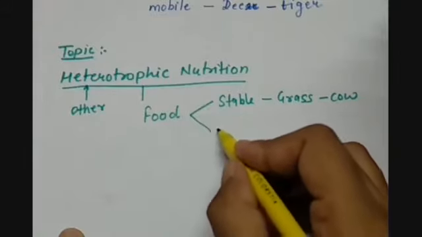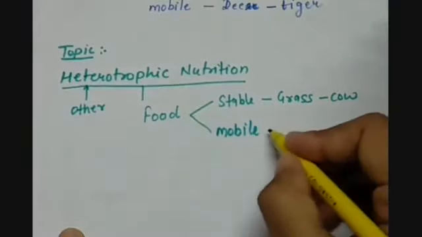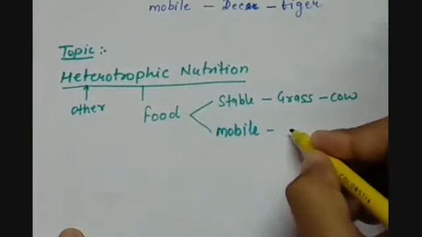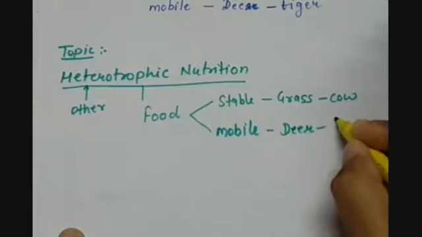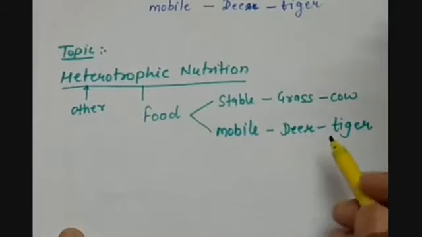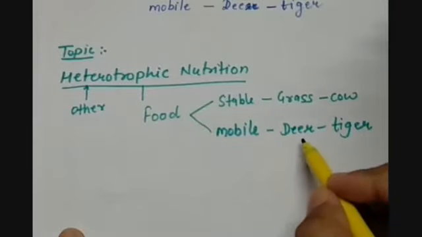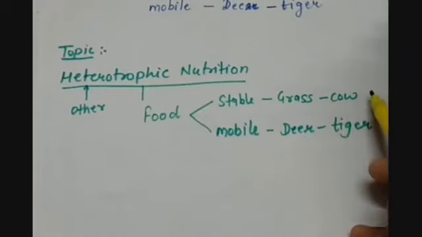Then we can also have mobile food, for example any prey or deer for a tiger. The tiger is capable of running and is able to catch his prey so that he can feed himself. Now, these two types of organisms are different.